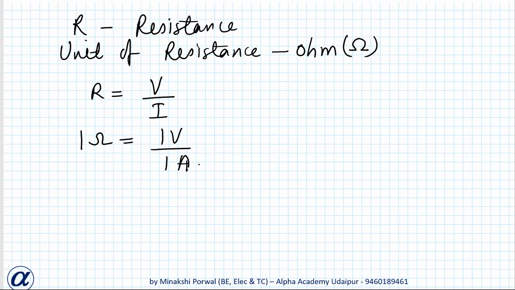Now actually, what is the meaning of resistance? Resistance is actually the hindrance or obstruction in the path of flow of current. So when I say a good conductor, then its resistance is very low.